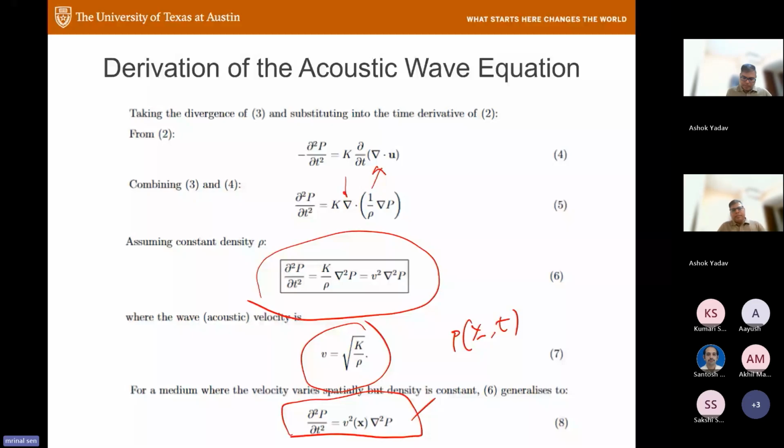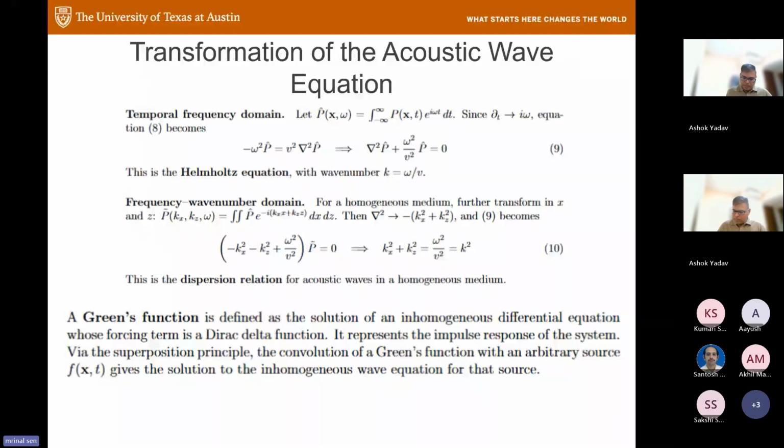So now the question is, this equation really does not tell you that. We have to have a solution for this equation, essentially solving the PDE. And we will do this for a homogeneous medium. So the first thing we will do is take a Fourier transform. You're all geophysicists here, so you're familiar with the Fourier transform.